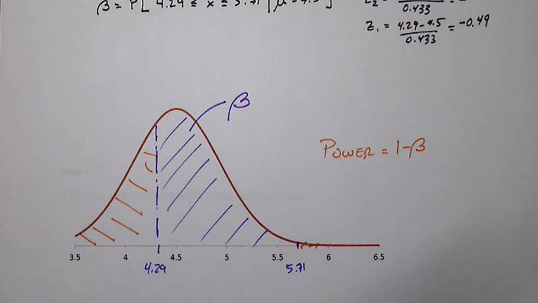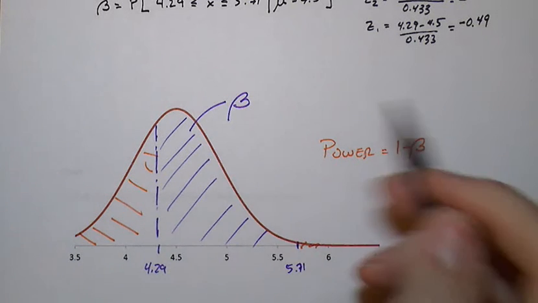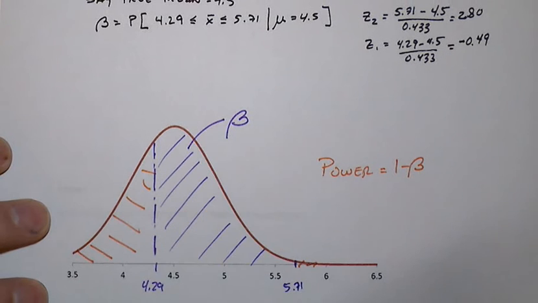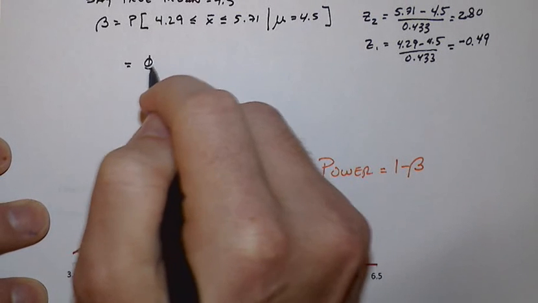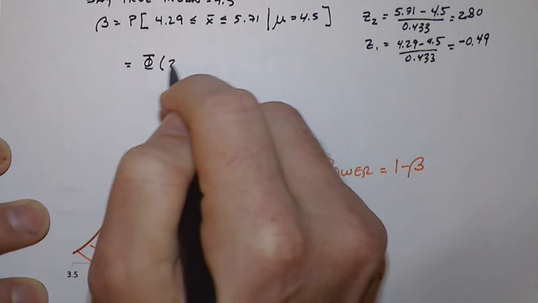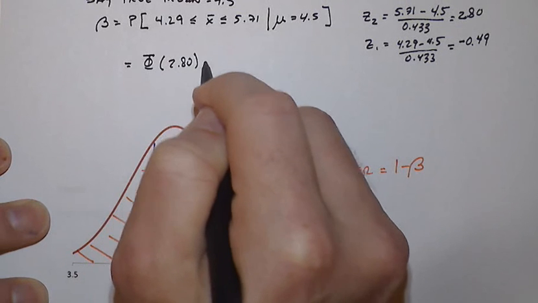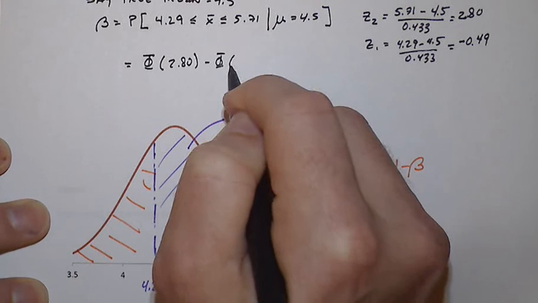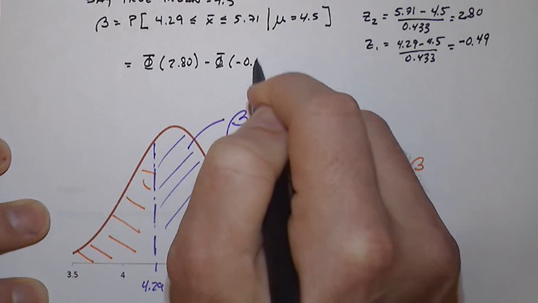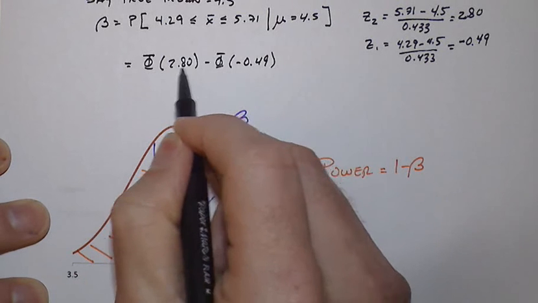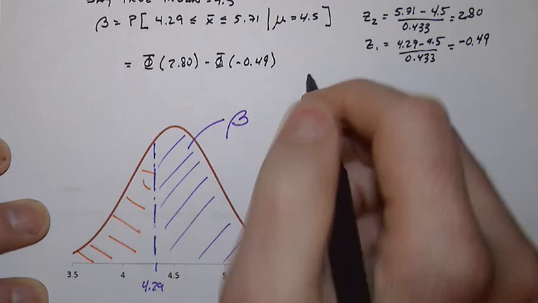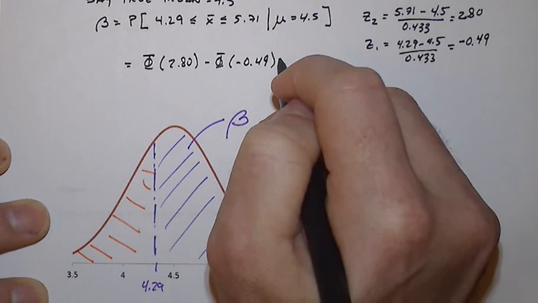And for this one, we go look up our appropriate z values in the normal distribution table, and so we get our cumulative evaluated at 2.8 minus our cumulative evaluated at minus 0.49. Notice we can't do any fun 2-times things here because these numbers are not symmetric with respect to the standard normal distribution.